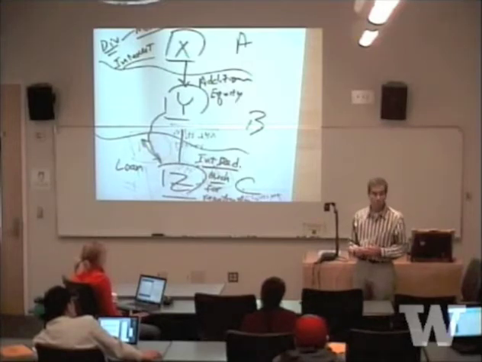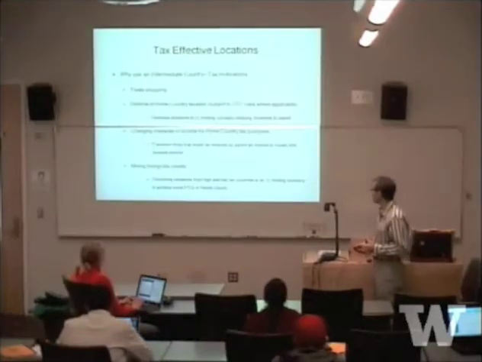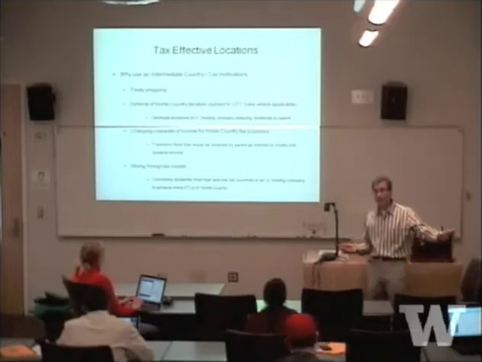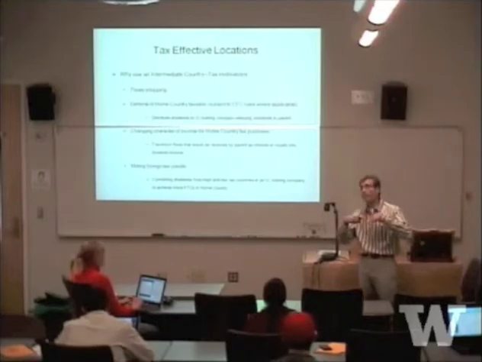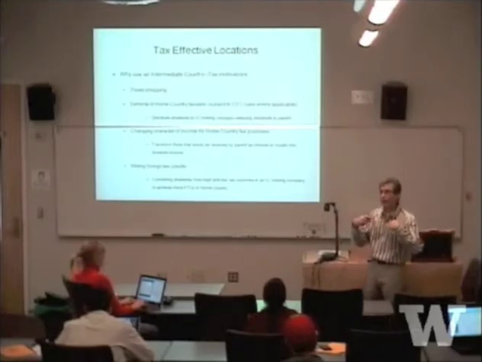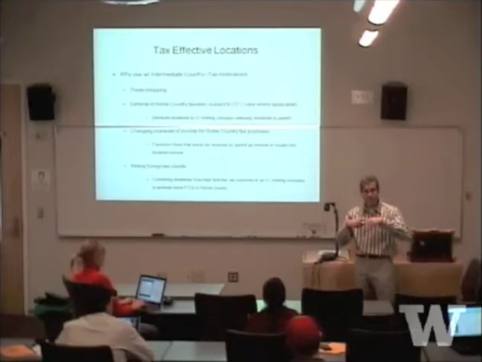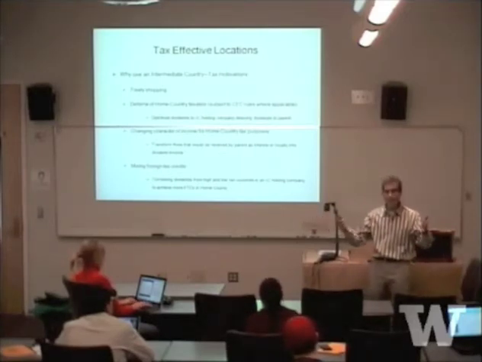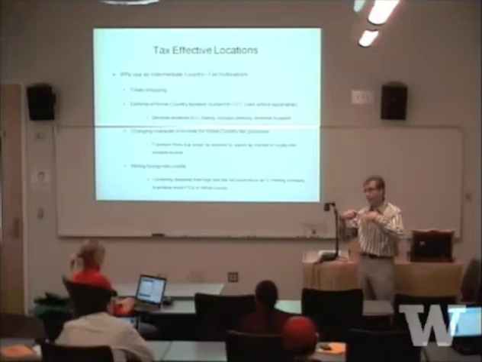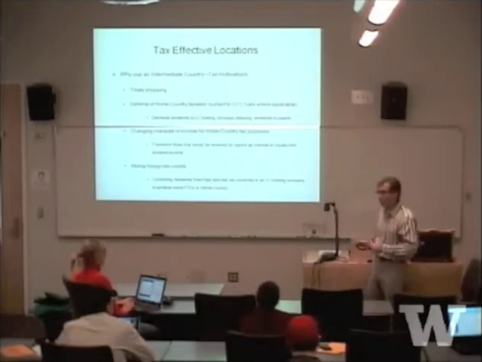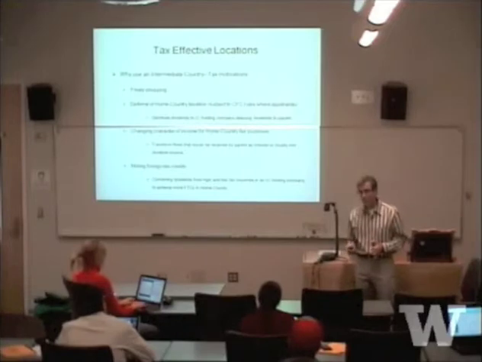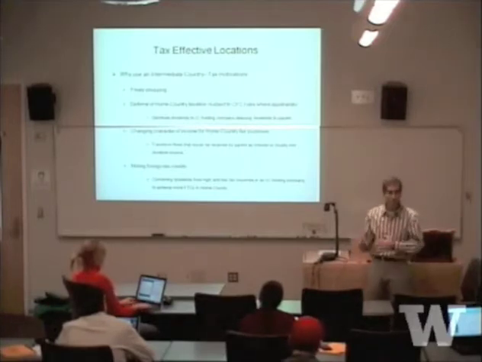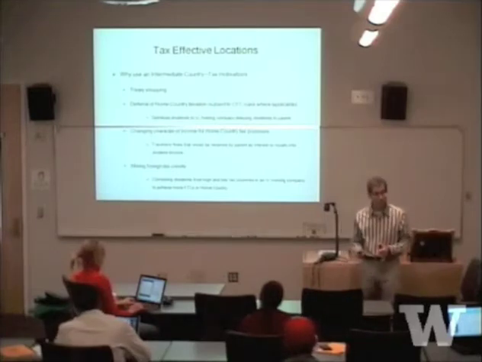Mixing foreign tax credits. As you can imagine, if you have income, well, maybe let me rephrase that. In the U.S., we have an overall basket. That basket is not separated country by country. But some countries do have a country-by-country foreign tax credit limitation.